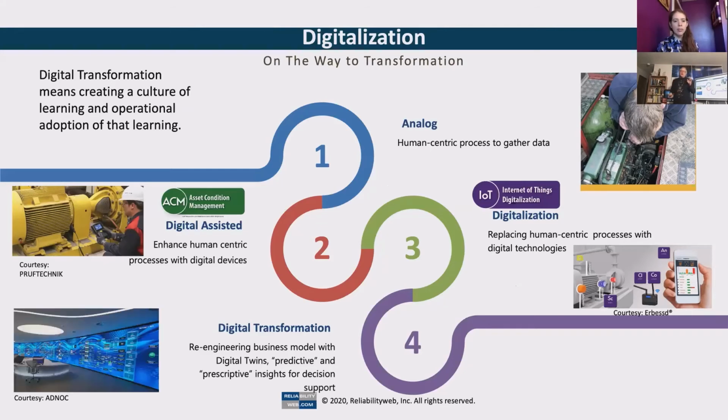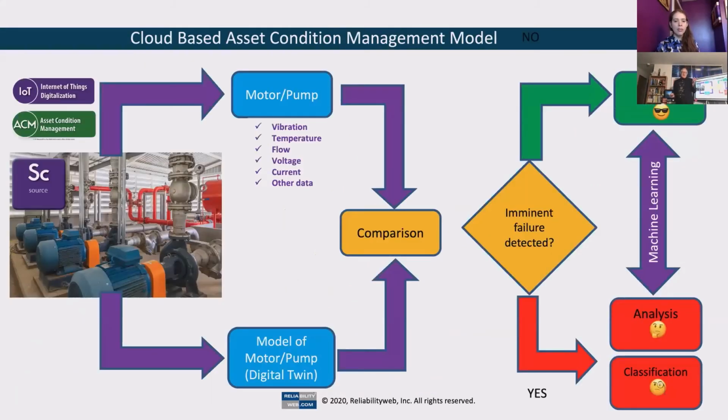Where we're ultimately going is to what we call a digital twin. You'll have your driven set over here physically, and then you'll have a digital twin of that. Basically what's happening in that space is, your motor and your pump set is the source. That is the data. Right?